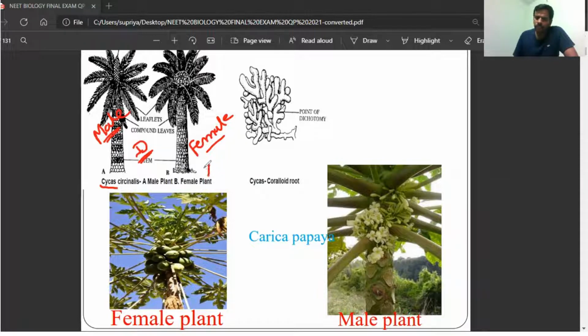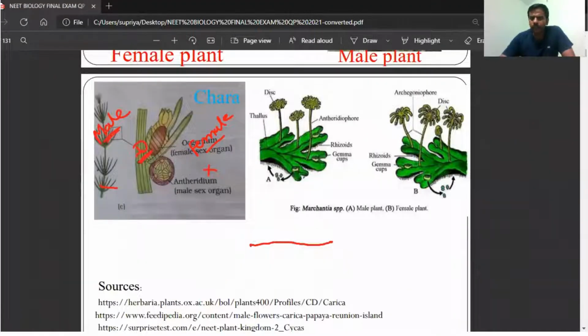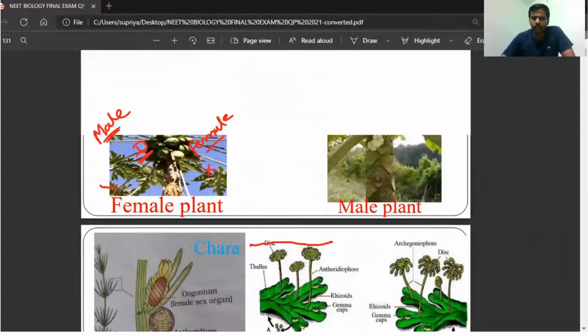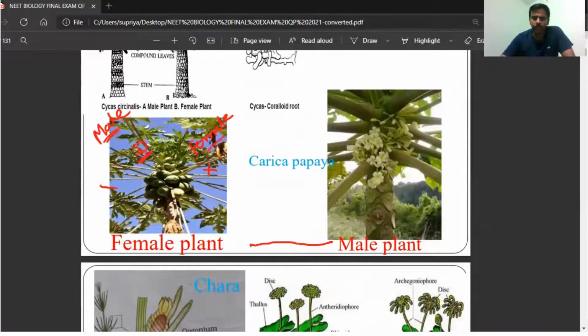It's not monoecious, right? And see another plant, Carica papaya. In Carica papaya also there are 2 different plants in this species, separate plants for the male and separate plants for the female.